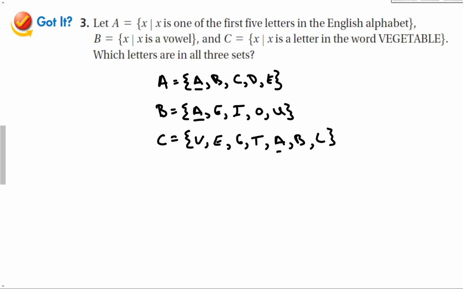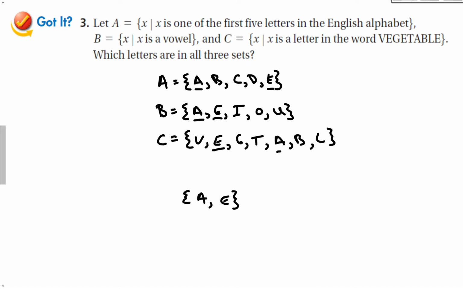All of them have an A. And all of them have an E. And I believe that's it, right? No C in this one, no D in this one, no G, no T, those aren't vowels. L, that's not a vowel. All right, so it's just A and E.